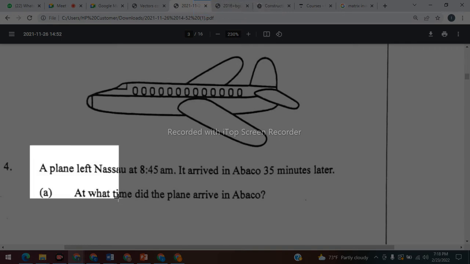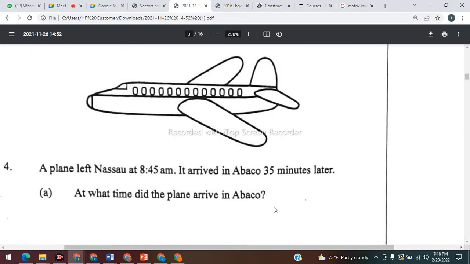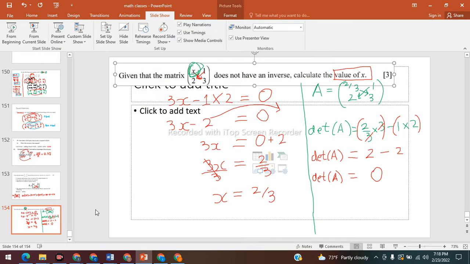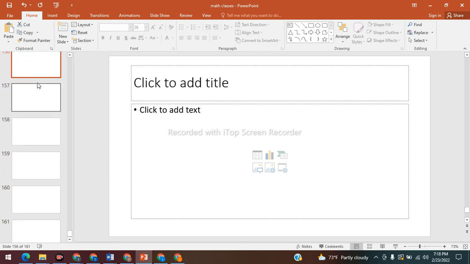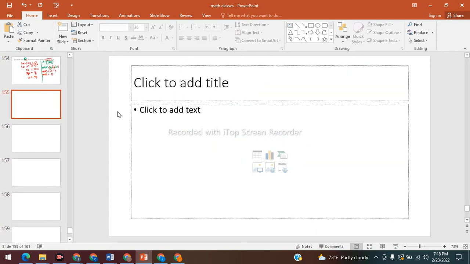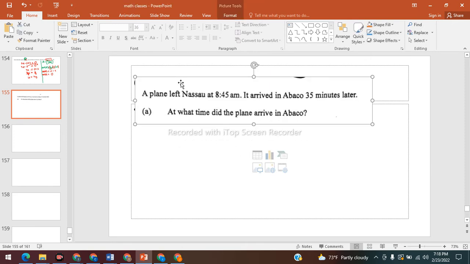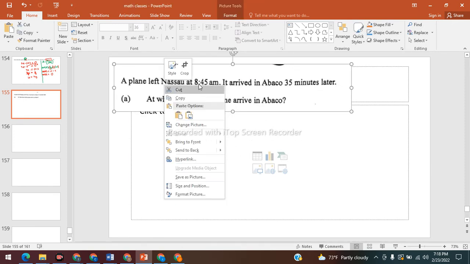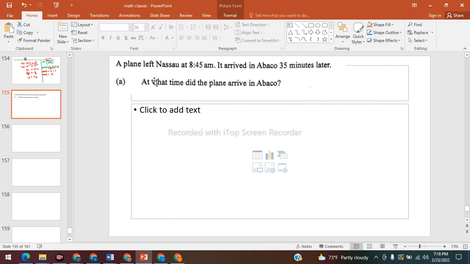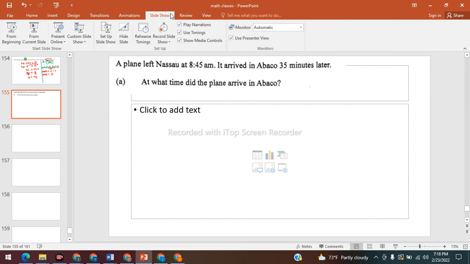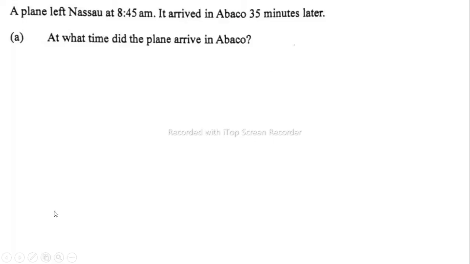At what time did the plane arrive in Abaco?